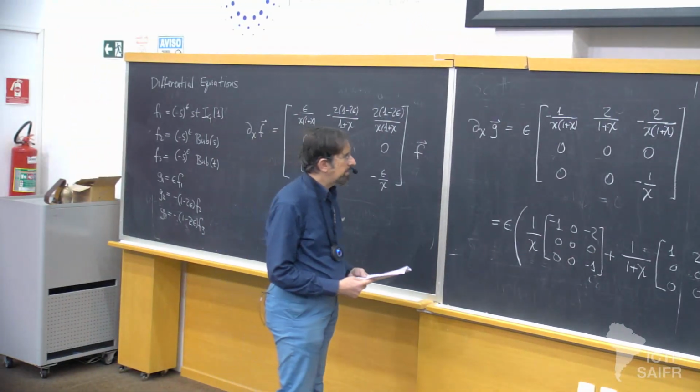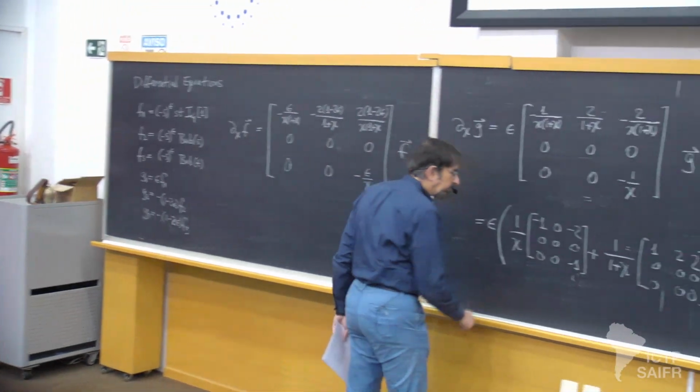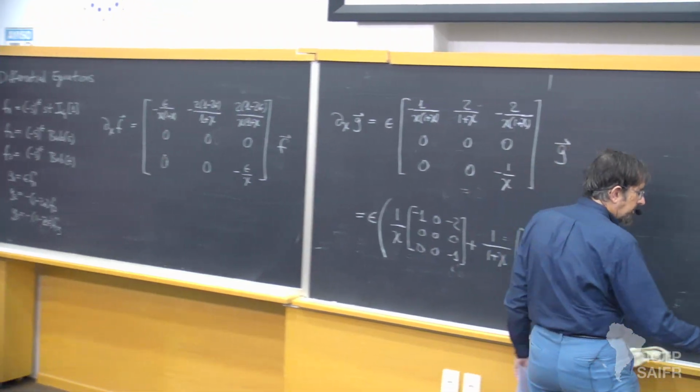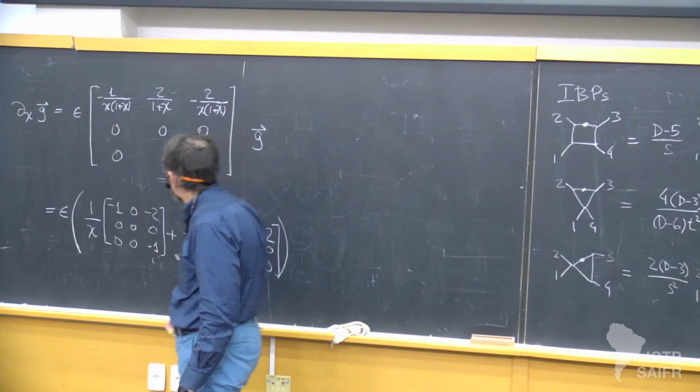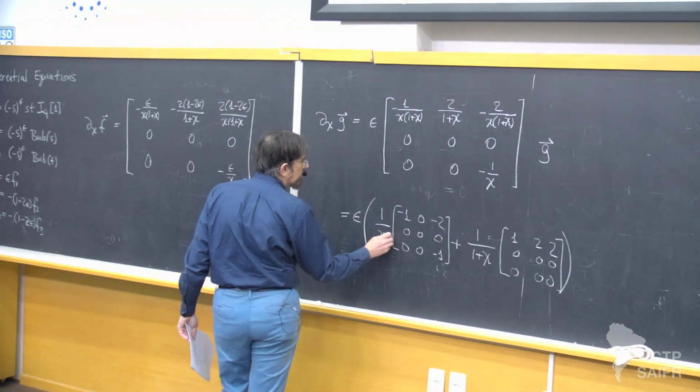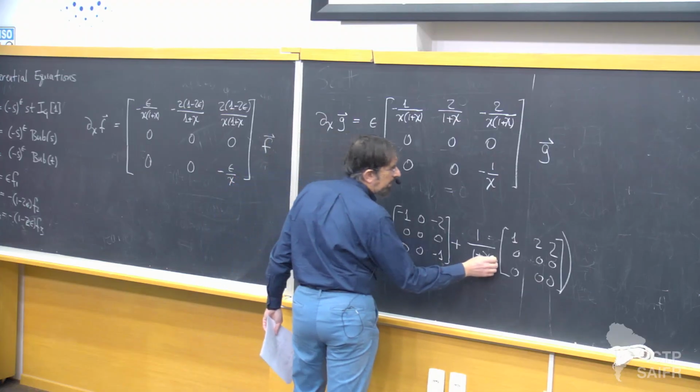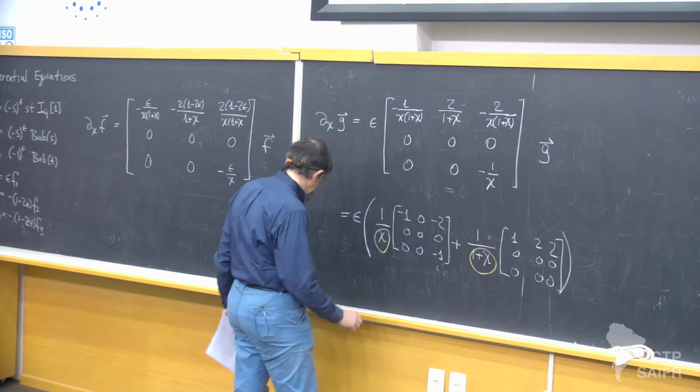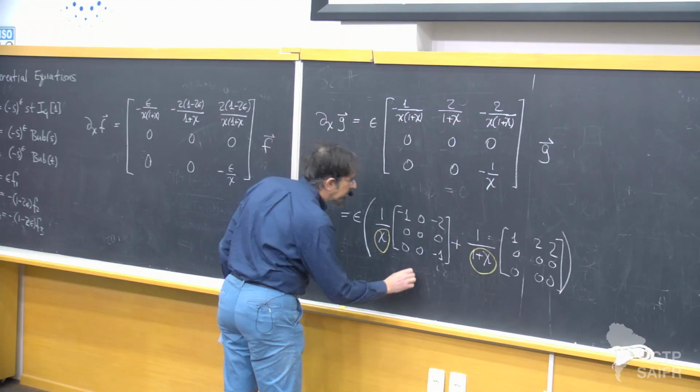So these expressions here that show up in the denominator, here it's just chi and 1 plus chi, are called letters.